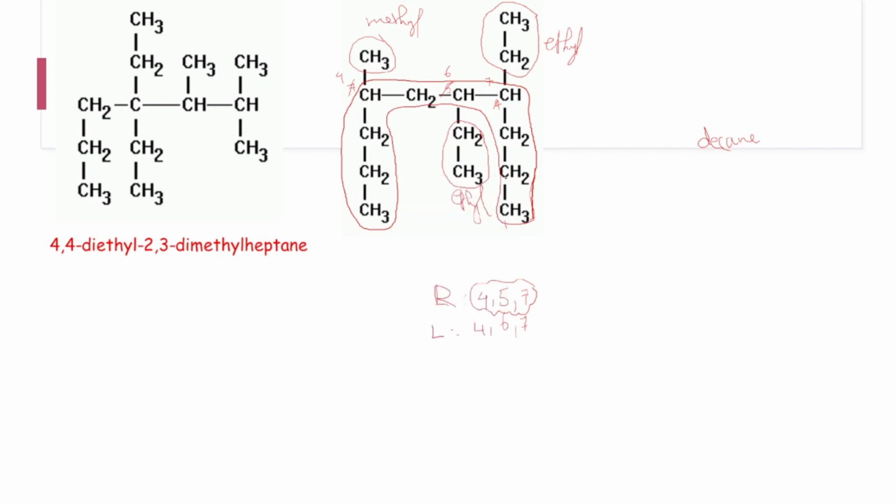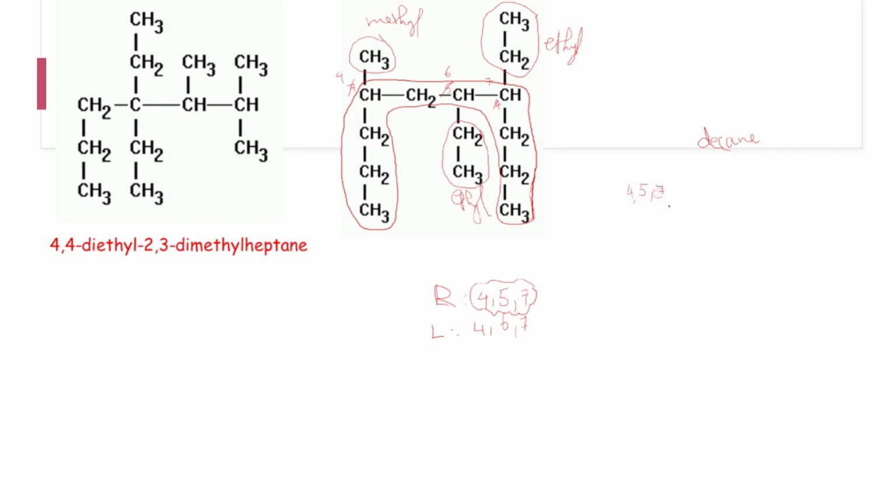I'm going to start from here. 1, 2, 3, 4. So I have 4 ethyl, and 5 ethyl, and 6, 7. Sorry, 7 is methyl.